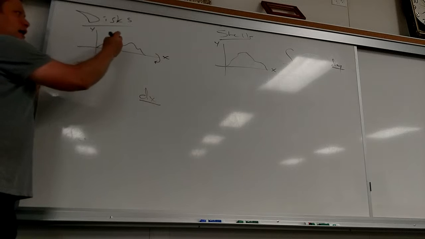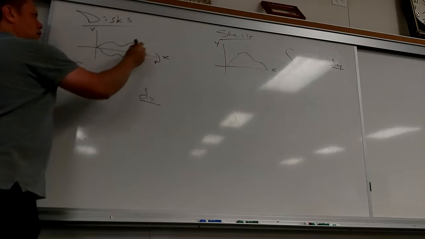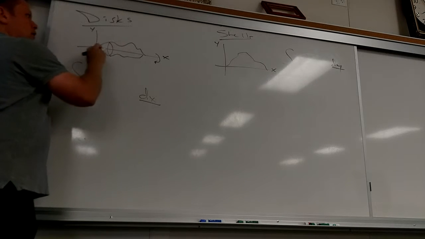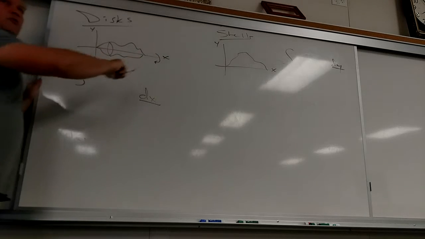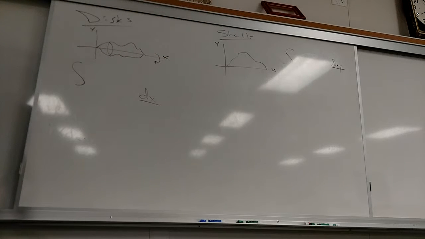So with disks, I locate my circles along the axis I'm rotating around. Let me say that again. The idea of disks is almost too nice. You just have all these circular slices. Why is every slice going to be circular? Because I'm taking something and rotating it.